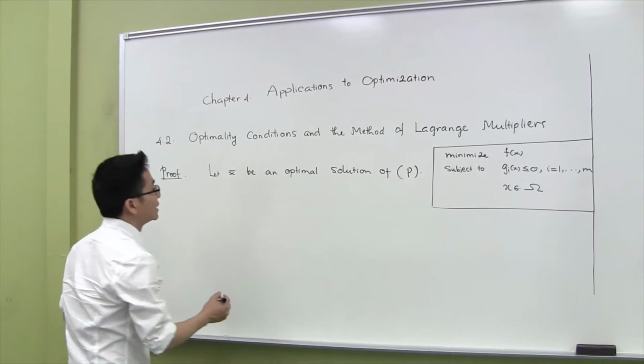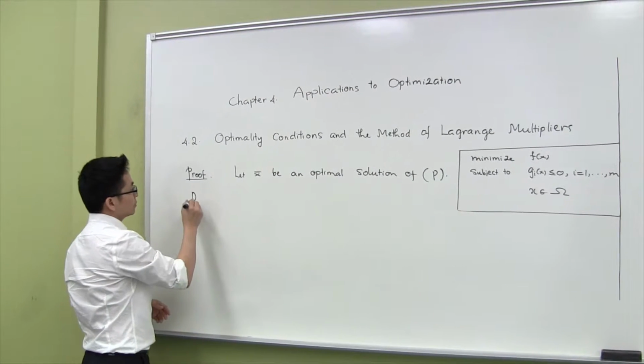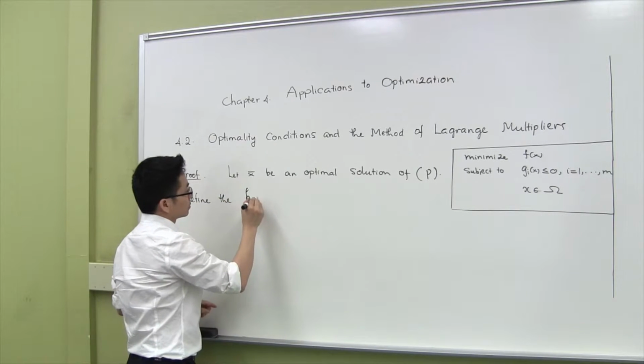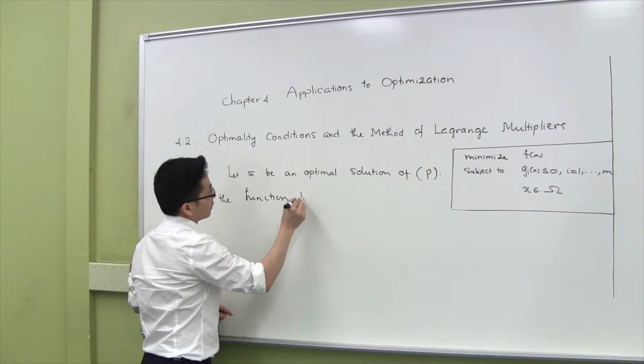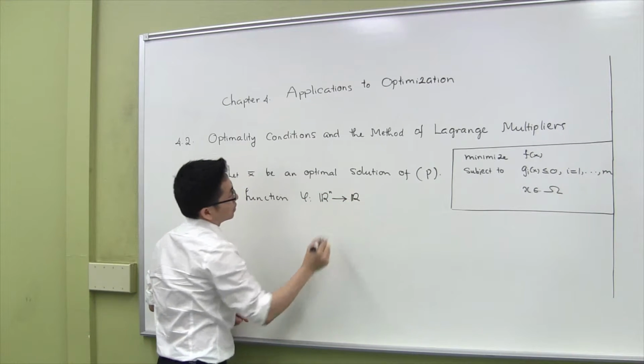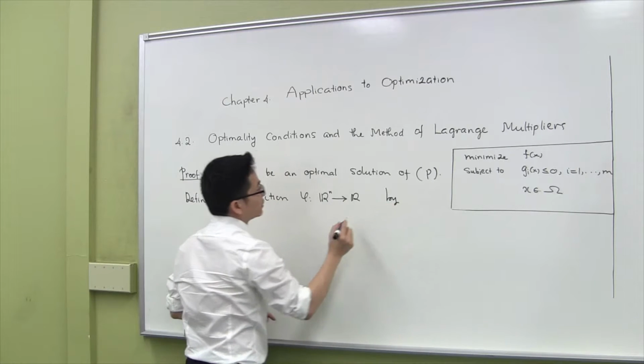Okay, then we define the function phi from Rn to R by this formula.